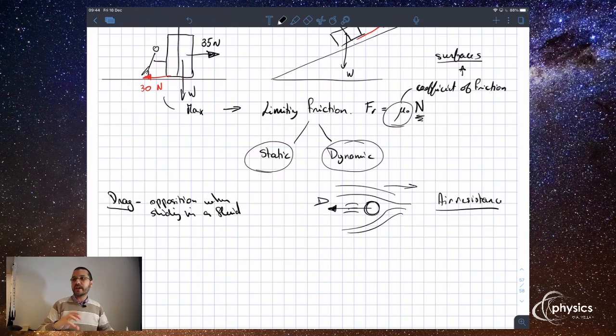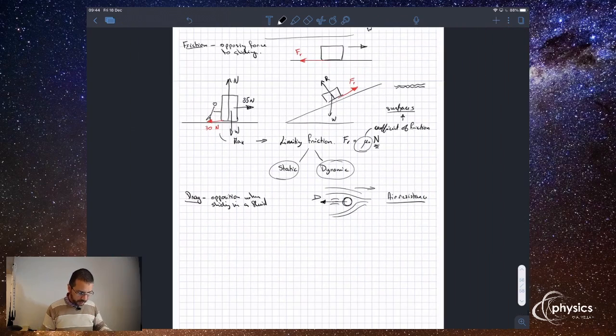Ġifieri meta nuża drag, you can use the word drag instead of air resistance, alright? It's the same thing, okay? Air resistance is the drag force in air, alright? Nużaw ħafna drag force when we have ships moving through water, because when you're moving through water you have a lot of drag force acting against you, alright? Infatti fl-ilma id-drag force hija importanti ħafna.